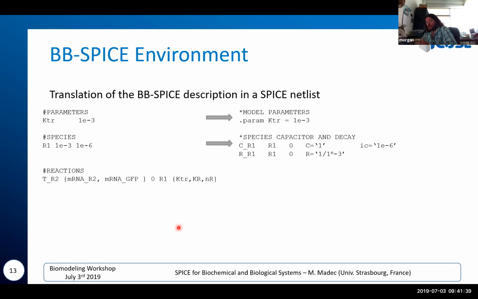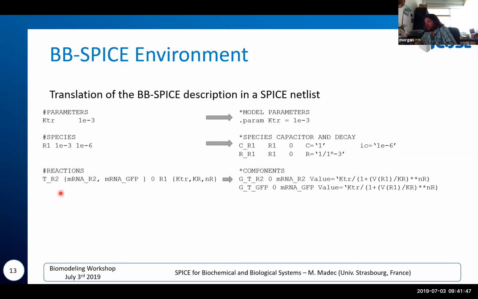For the reactions, it's a little bit more tricky. You need to define the transistors in the electronic equivalent circuit. For one reaction, for example, you will define 2 transistors because this reaction produces 2 mRNAs. So you will find the definition of one transistor that corresponds to the production of the first mRNA, and then another transistor for the production of the second mRNA.